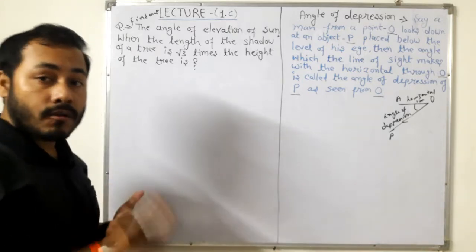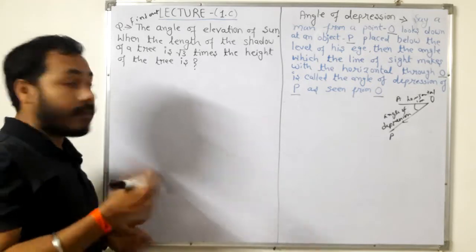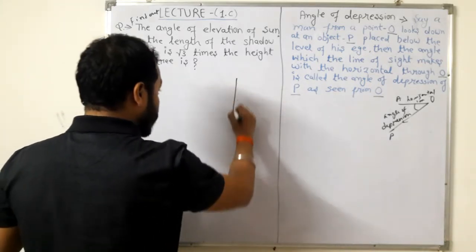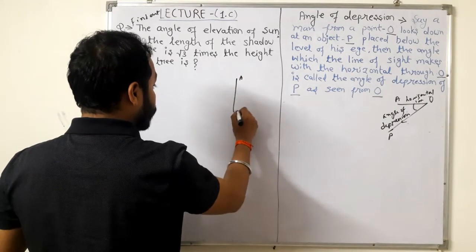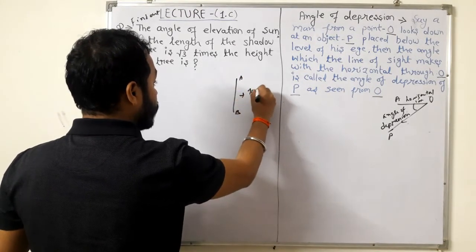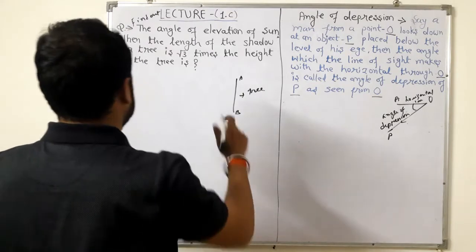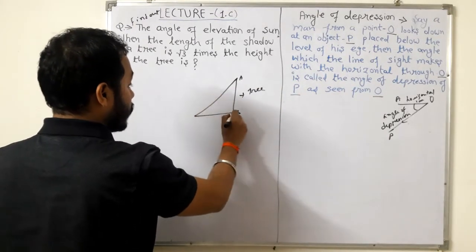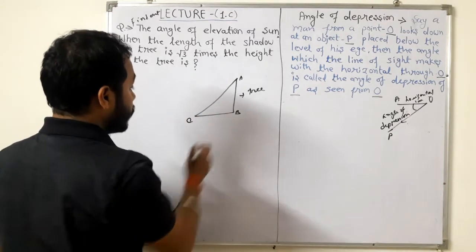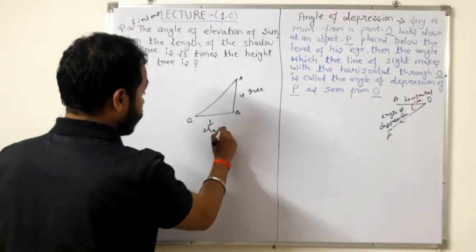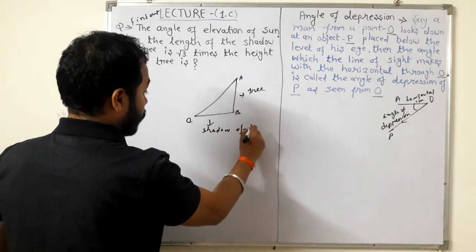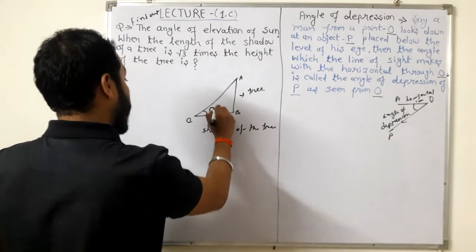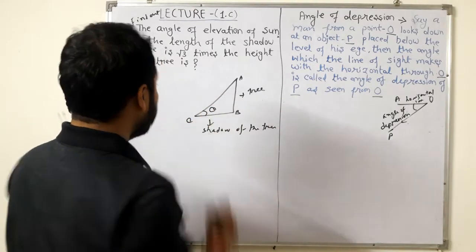So first, as always, I am going to picturize the problem, the angle of elevation of the sun. Say this is our tree AB. When the sun's rays come, its shadow will be BC, the shadow of the tree. Now this is the angle of elevation theta, which we need to find.